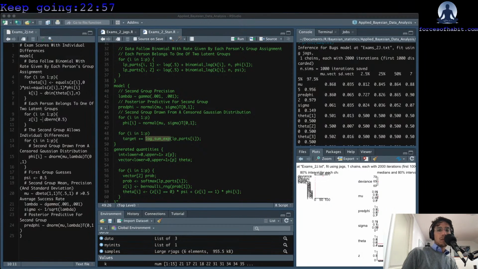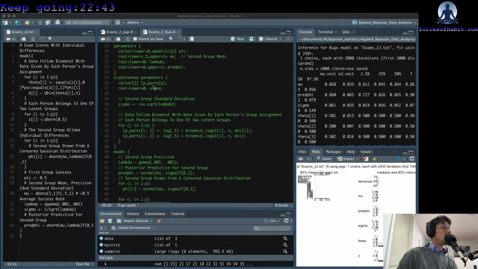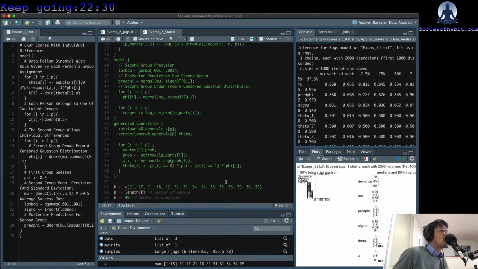Looking on a log scale, multiplication is converted to addition. LP parts is just a vector P that has something in it that we specified. And this is just going to be the sum of the vector. This is summing the vector incrementally, summing the vector for a given person.